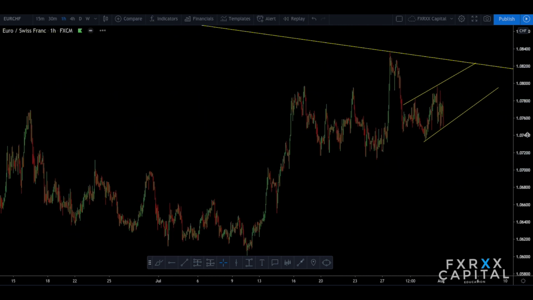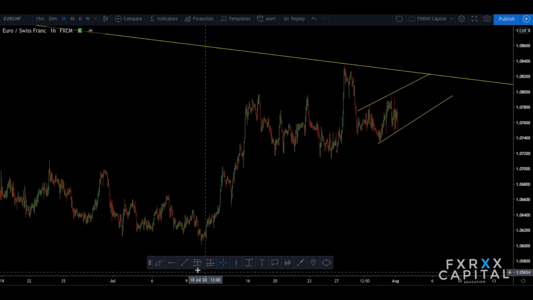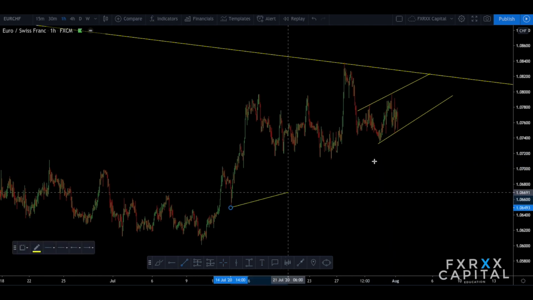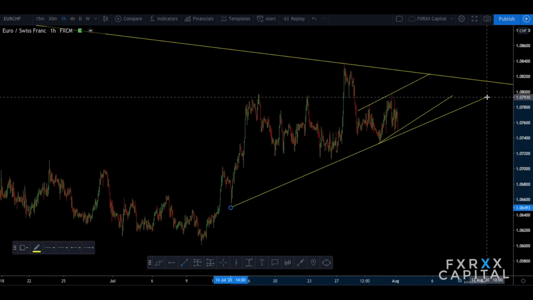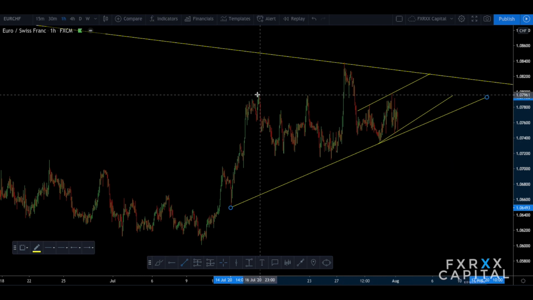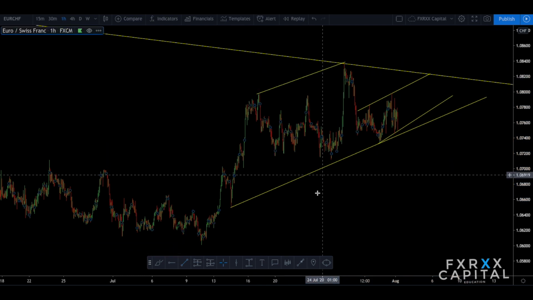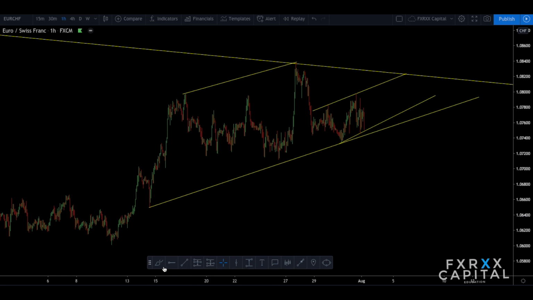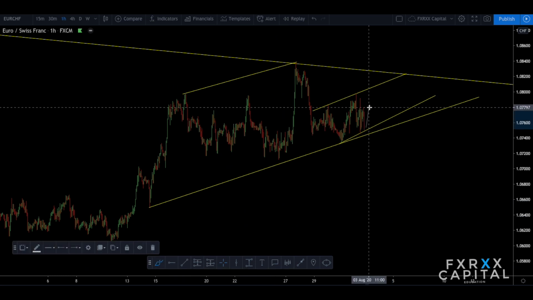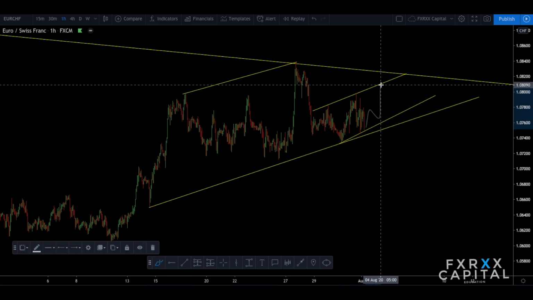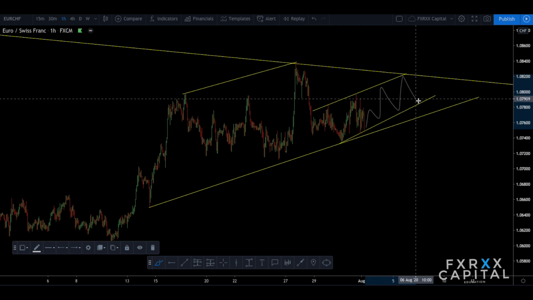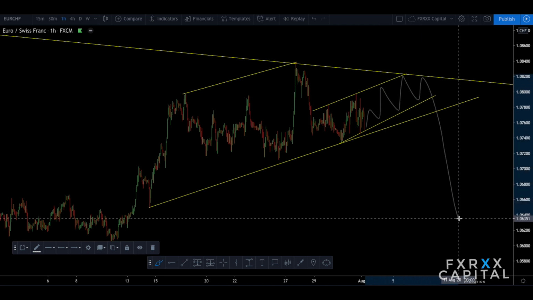This is an example of the steep flag that I gave you in the main lesson. So this is one big descending channel. Price approached this, tested this area, and sold off downward.